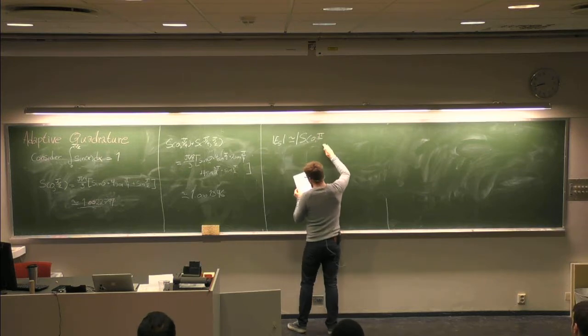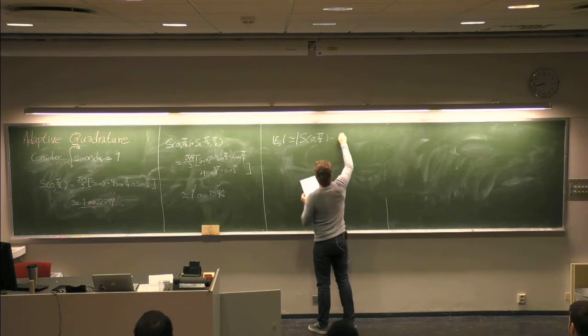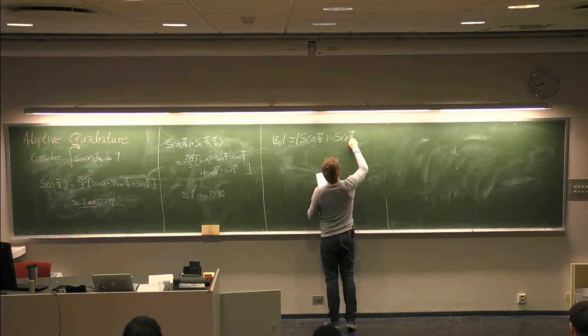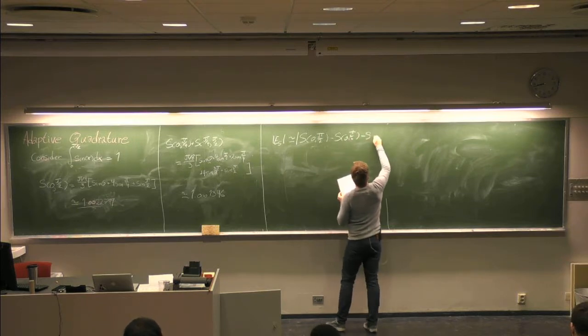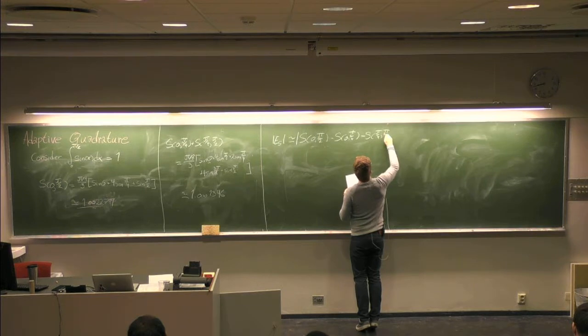So now I'm just filling in what was just on the blackboard. S of 0 pi 4 minus S of pi 4 pi half.